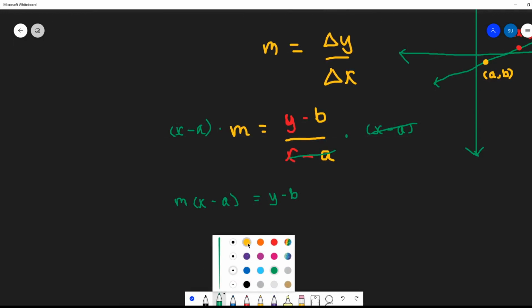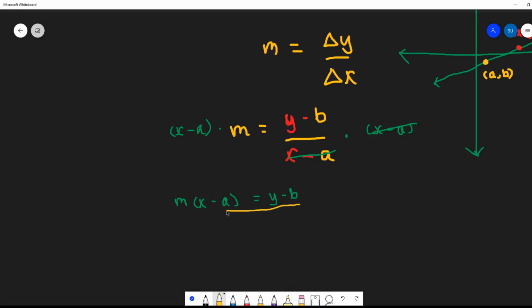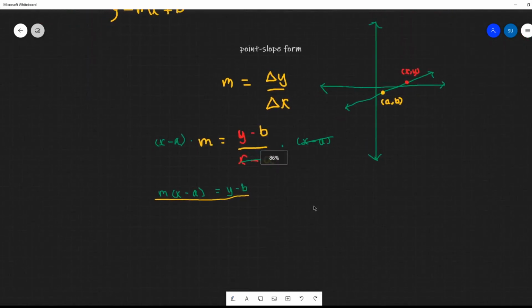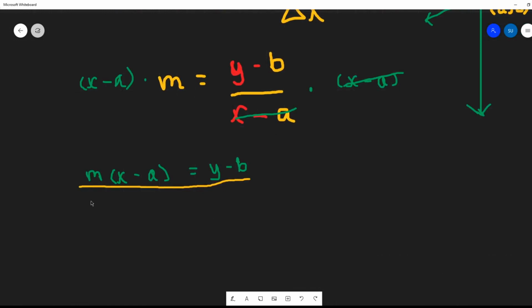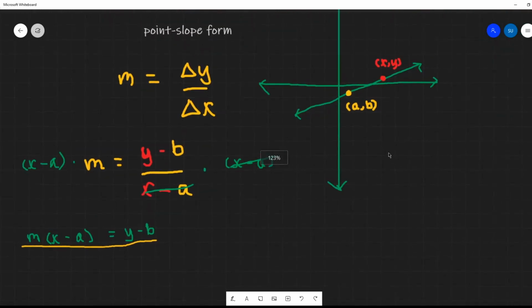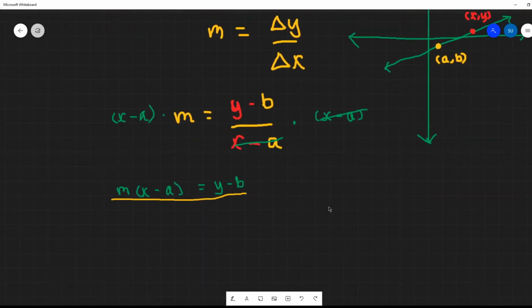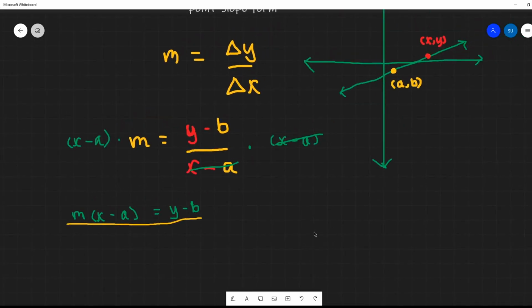Let's underline it in yellow or something. This right here is point slope form, and it is called point slope form because it uses the slope and one point to demonstrate that they are equal to each other.